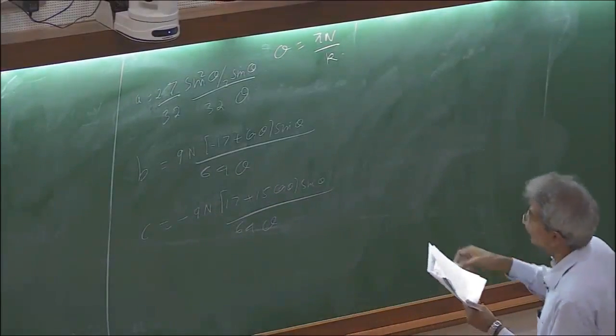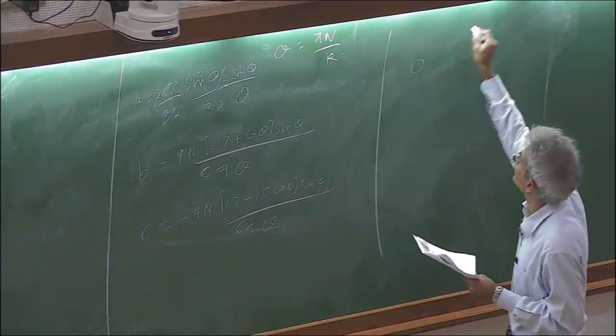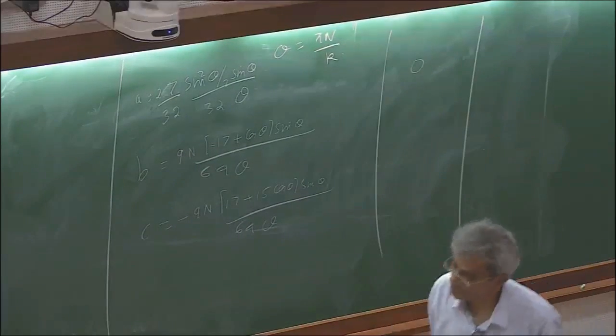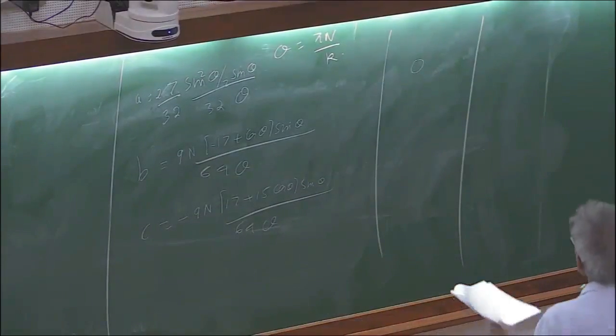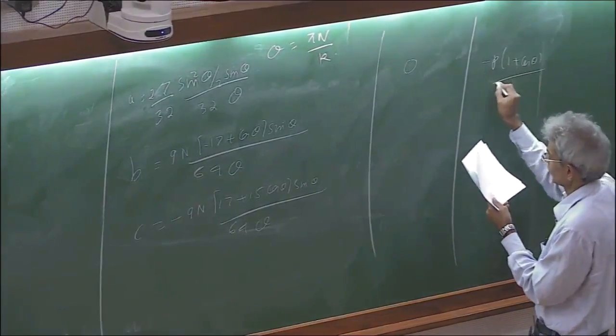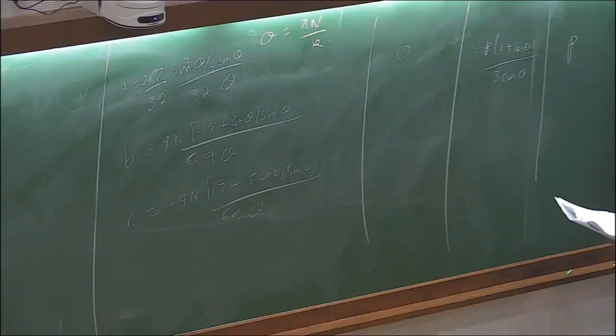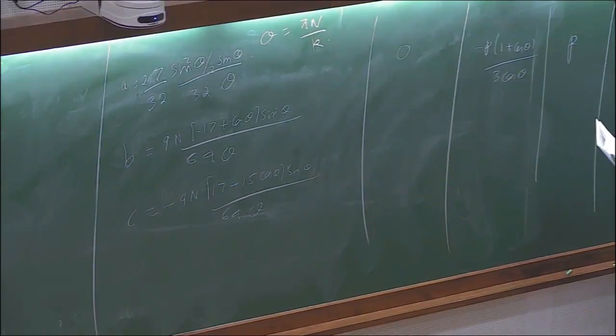And if you look at the capital A, capital B, capital C, this is 0 again, because again these are theories without vectors. So it's minus P, 1 plus cos theta, 3 cos theta. And pressure is always the low frequency term. Together it is epsilon by 3 plus, I've converted into energy.